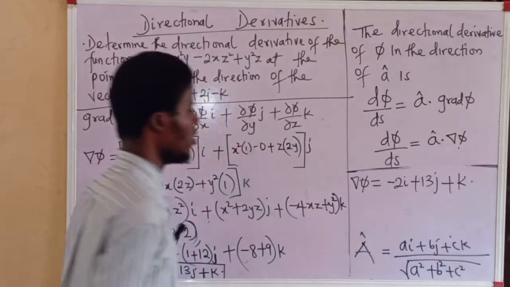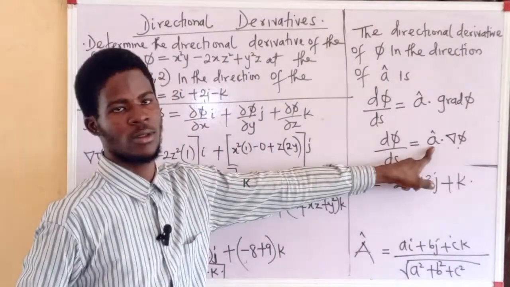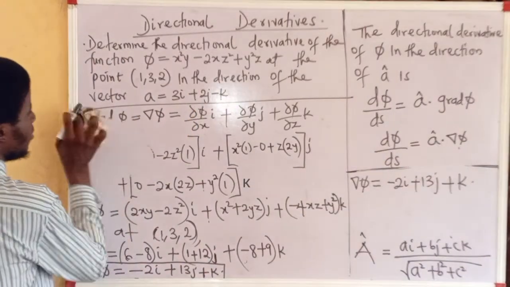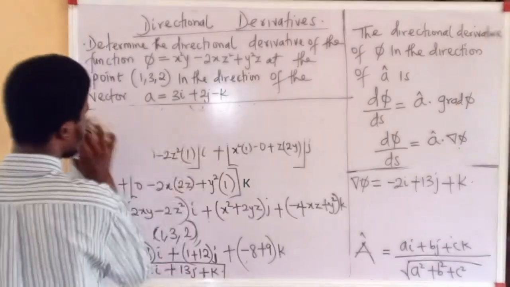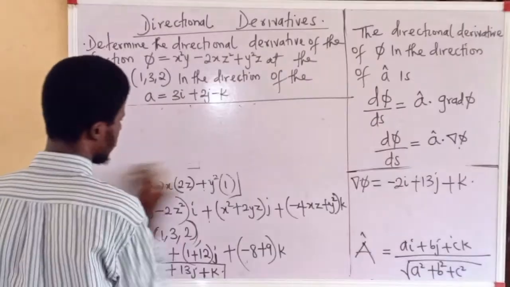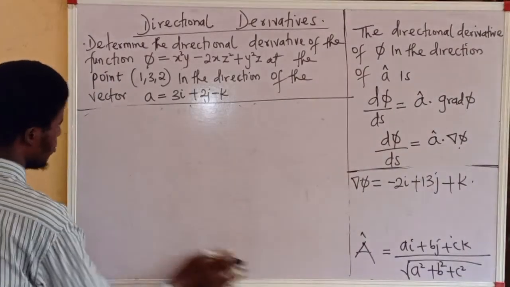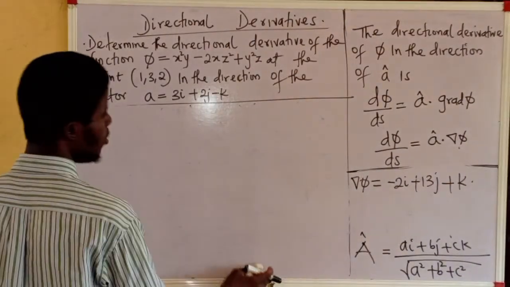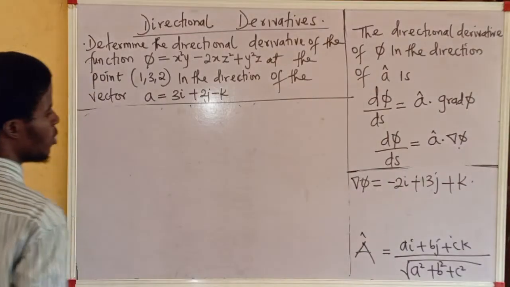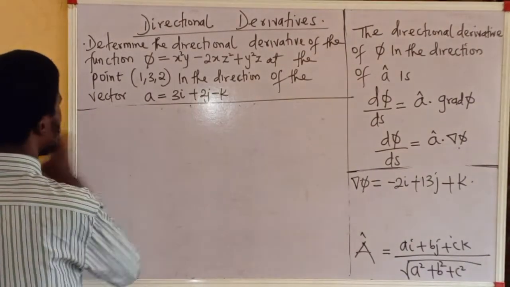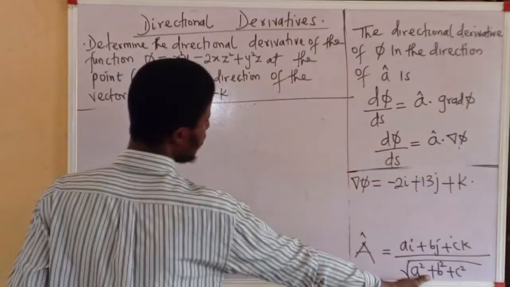Good, so what is left now is the unit vector A. Let's determine that here. So the unit vector in the direction of A, this is the vector A now. We need the magnitude of the vector.